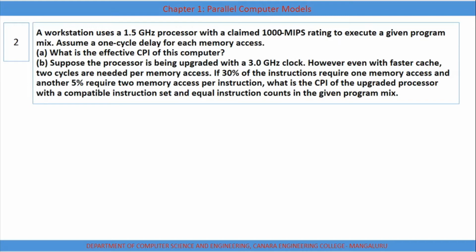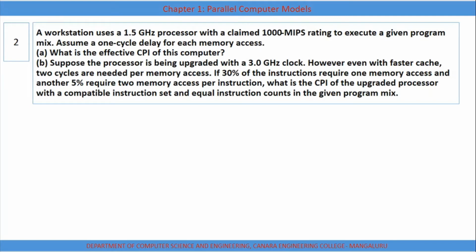One more observation is that 30% of the instructions require 1 memory access. So total cycles required will be 1 into 2, because each memory access requires 2 cycles. And 5% require 2 memory accesses per instruction.